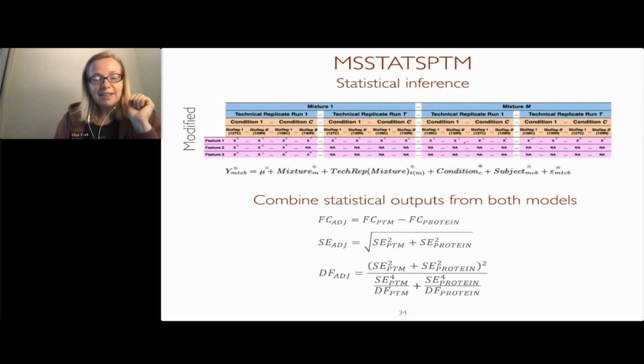And now we will integrate and combine the output from statistical models so as to adjust the change in the PTM for the overall change in protein abundance. So this is how we do the adjustment. This is the fold change of PTM minus the fold change of the protein. We can combine standard errors, and we can calculate the associated degrees of freedom, so the amount of information necessary for that.